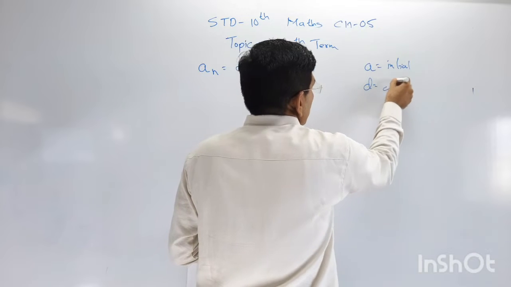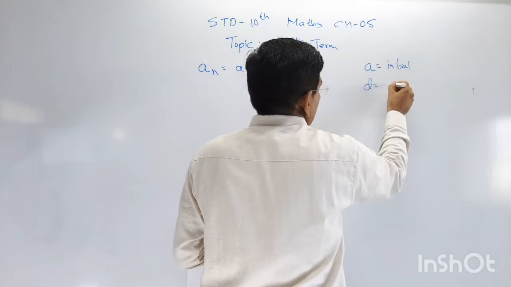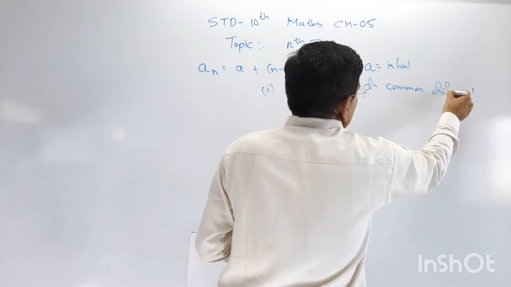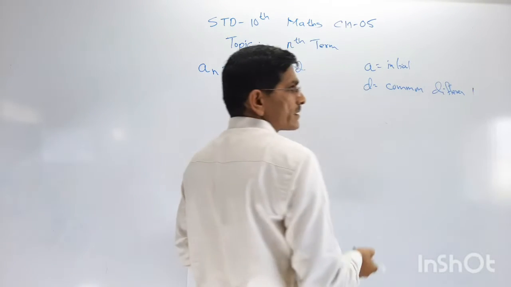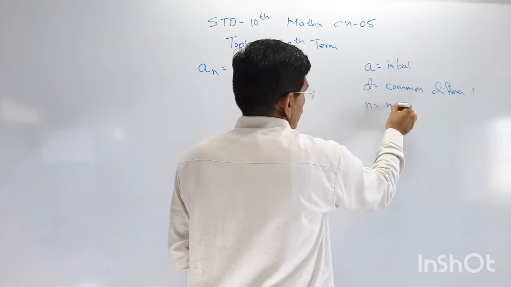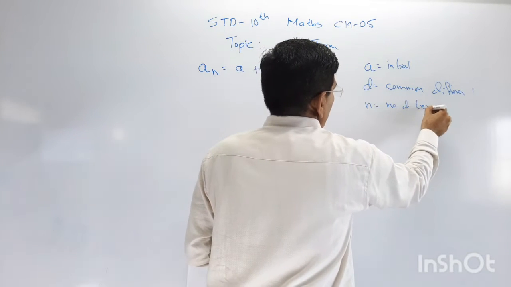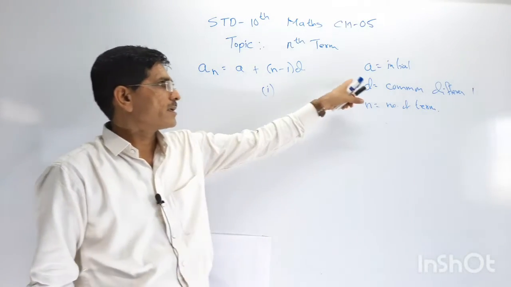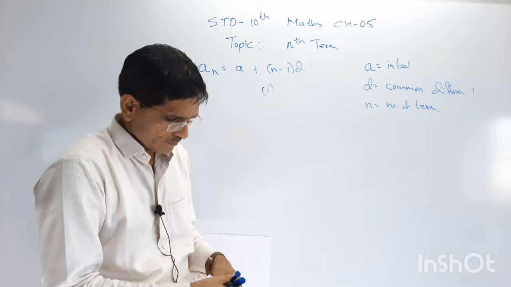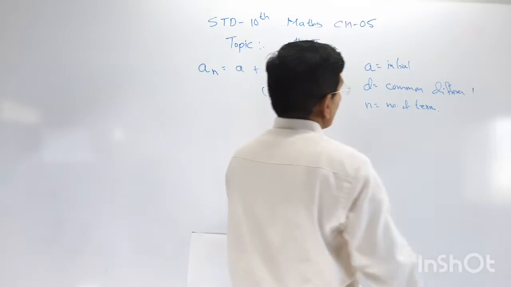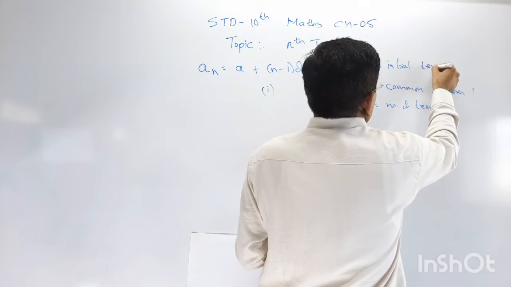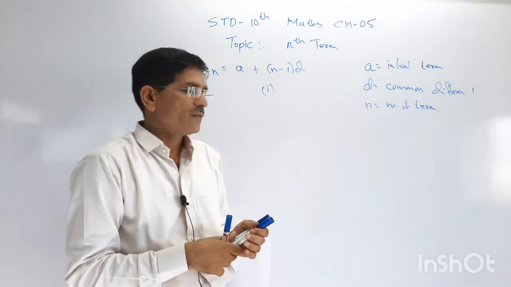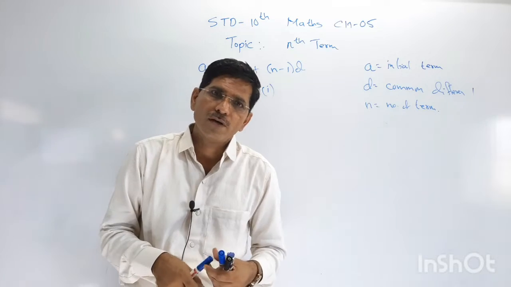Afterward d, that is the common difference, that we already discussed, and n is equal to the number of terms, that we discussed in the earlier lecture. A means initial term, D means common difference, N means number of terms.